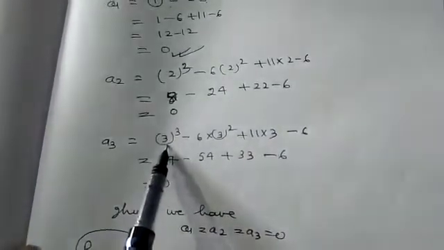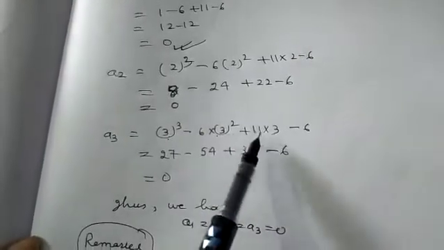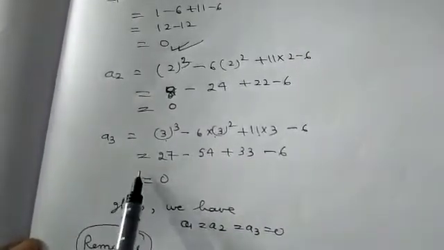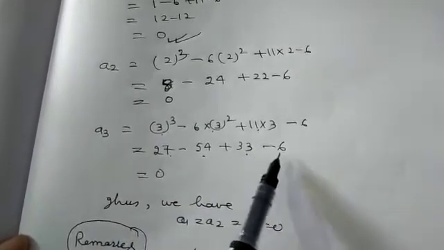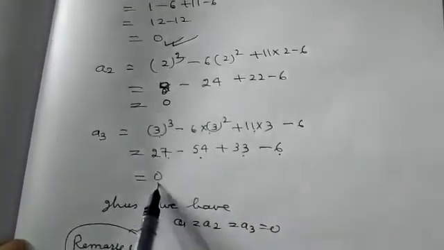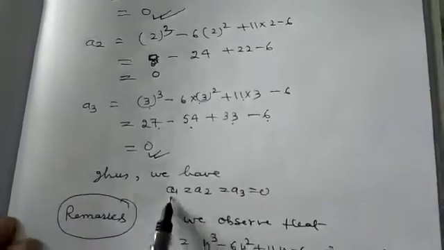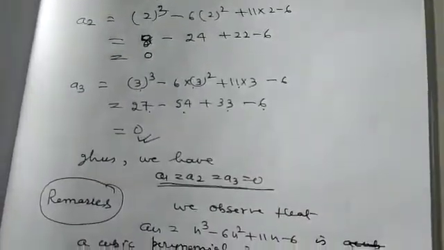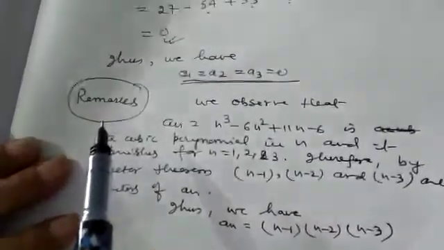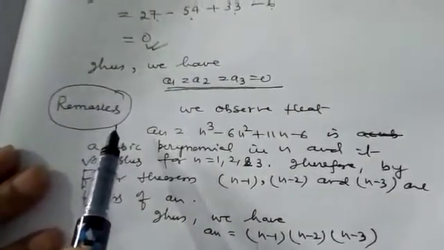Similarly, a3 is 3 cube minus 6 times 3 square plus 11 times 3 minus 6, that is 27 minus 54 plus 33 minus 6, which is 0. Thus a1, a2, a3 are all equal to 0. This is the first part of the problem.